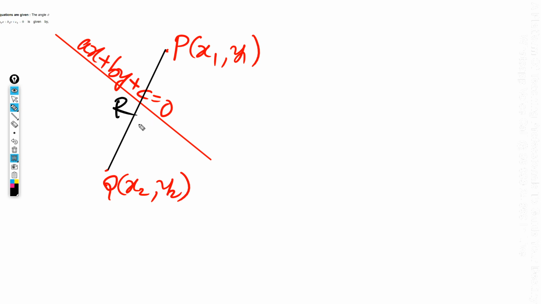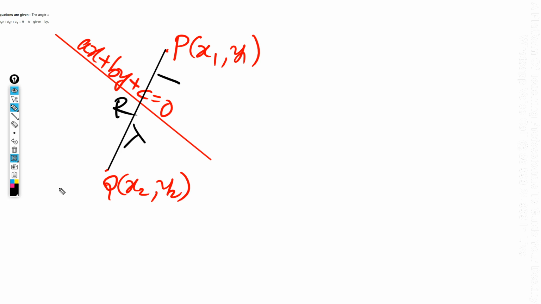Because we don't know the ratio, let us suppose R divides it in the ratio lambda is to 1. Apply the section formula, please. What is the section formula?